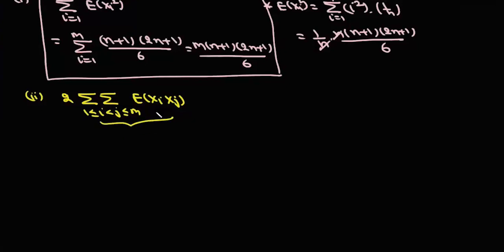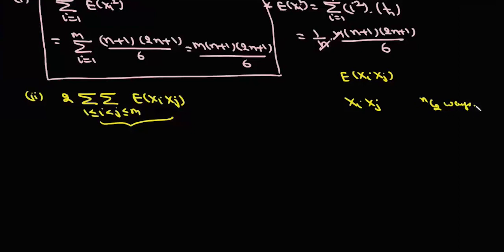And for that, first we look into the expectation of xi into xj, which is the expectation of the product of numbers which occurred at the ith and jth position. Now if we look at the ith position and jth position, how many products can be formed if i is unequal to j? Now we have total n numbers, and from these n numbers we can choose 2 numbers in nC2 ways.